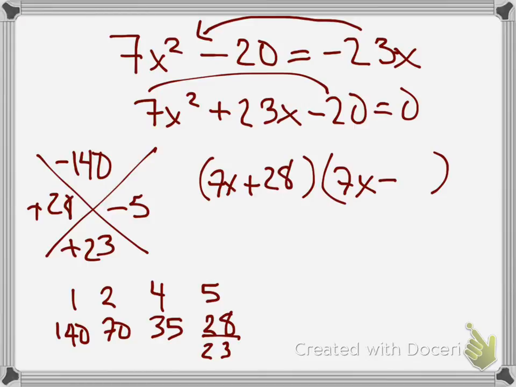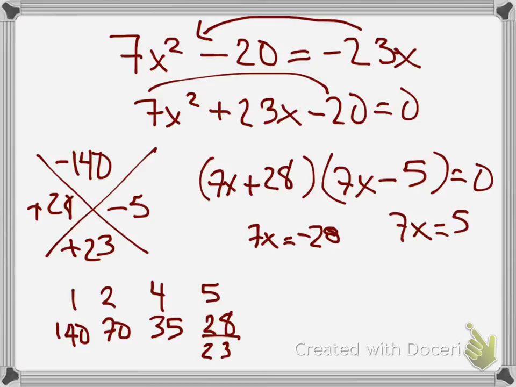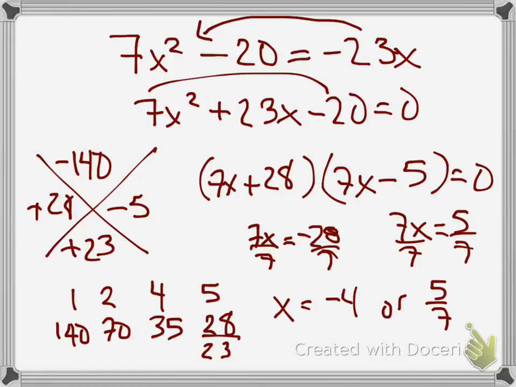So 28 and 5. Basically I end up with 7x is equal to negative 28. 7x is equal to positive 5. Notice how those are opposites. Divide, and you get x is equal to negative 4 or 5 over 7.